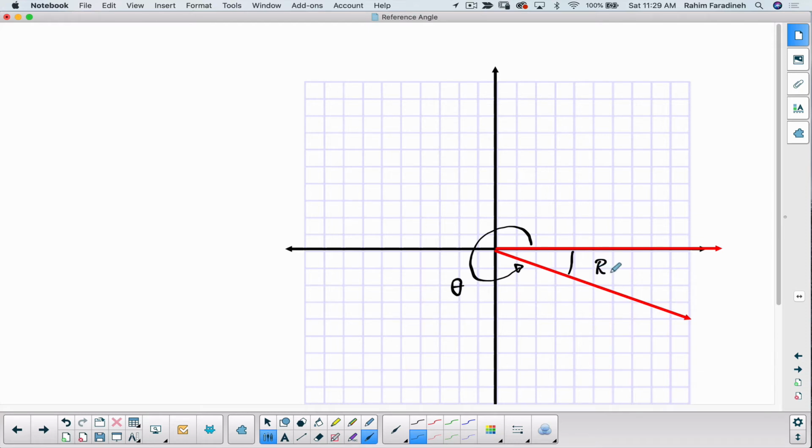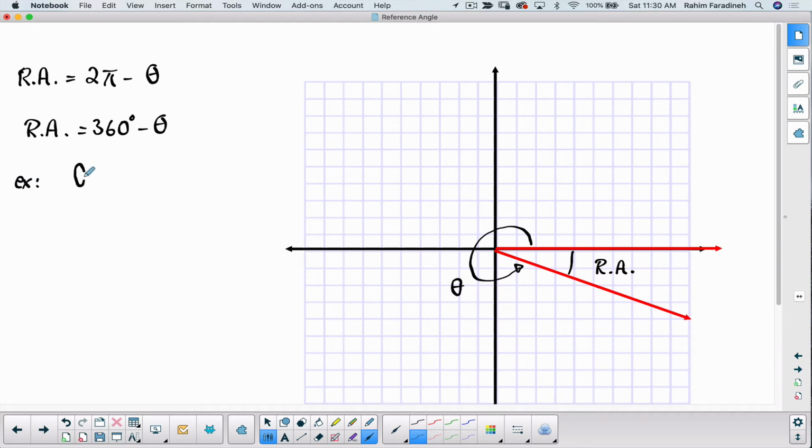That would be our reference angle. And how do we find it? The reference angle will be 2 pi minus theta if it's in radians, or the reference angle will be 360 degrees minus theta if it's given in terms of degrees.